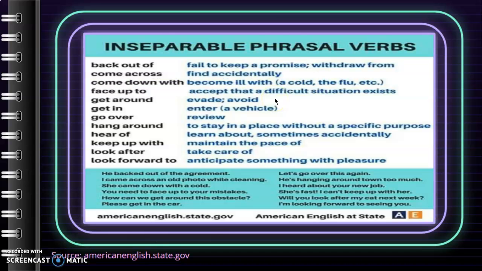Some inseparable phrasal verbs are, for example, back out of, come across, come down with, face up to, get around, get in, go over, hang around, hear of, keep up with, look after, and look forward to.